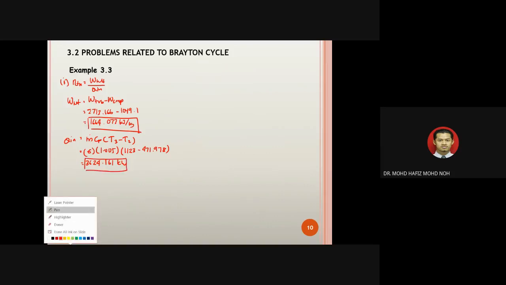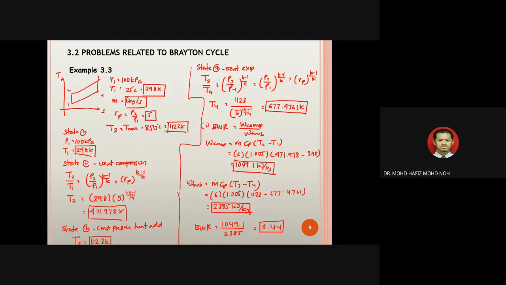Because they give you the value of mass flow rate, the unit will be kilowatt. Please correct it, the previous one also. The unit here is kilowatt. Sorry, guys.